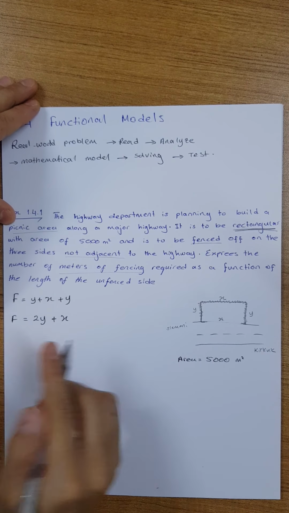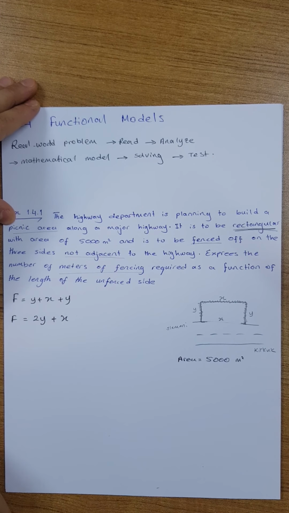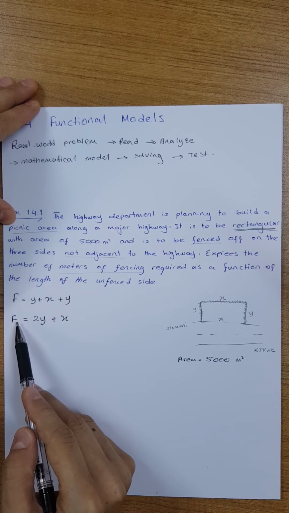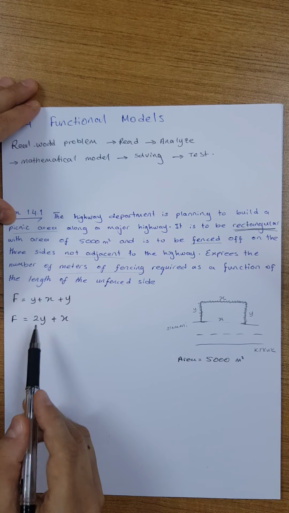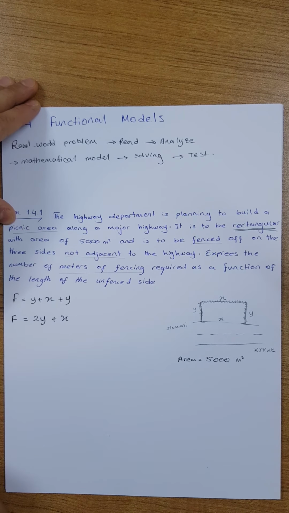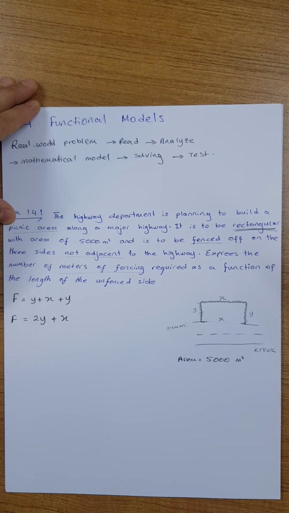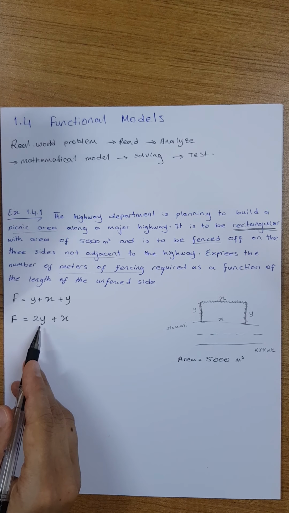Now, we are asked to express the number of meters of fencing. I know that fencing requires 2y plus x, but we must find the fencing as a function of the length, as a function of x. So I shall exclude that y in the fencing function. How will I get rid of that y?